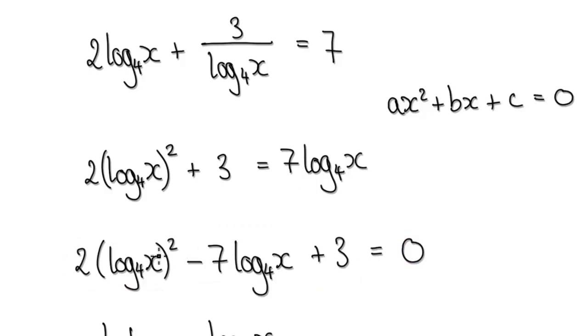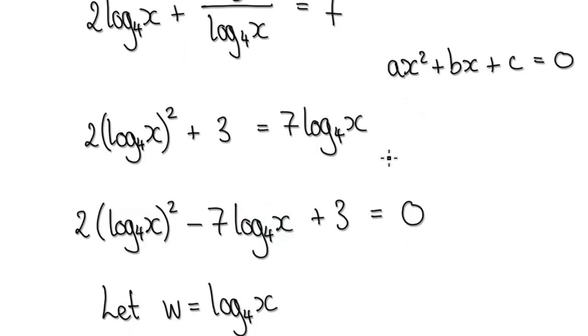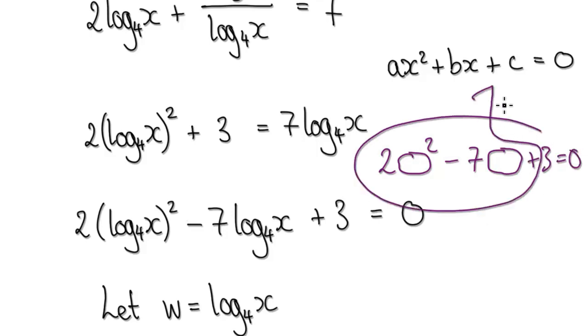Let's just imagine this as a bubble and this as a bubble. That would be like you trying to do this: 2 to the power of something squared, and then minus 7 something, and then plus 3 equals 0. You can see that this is of this form.